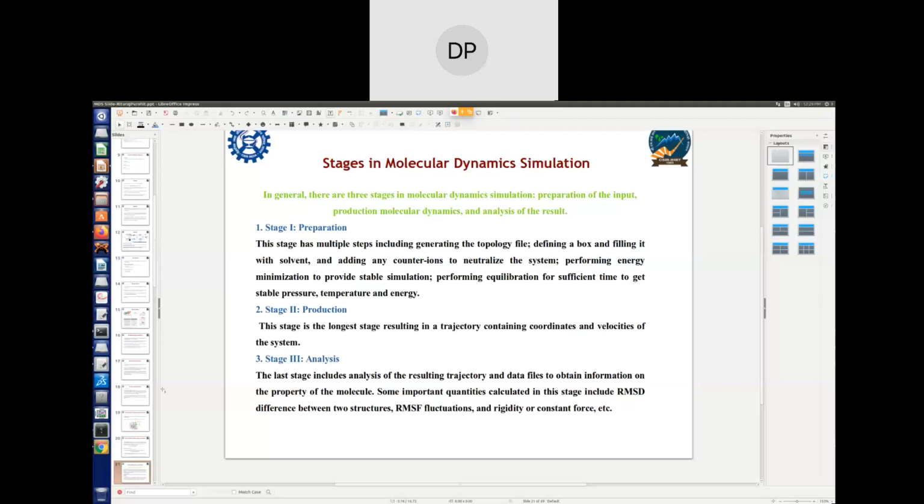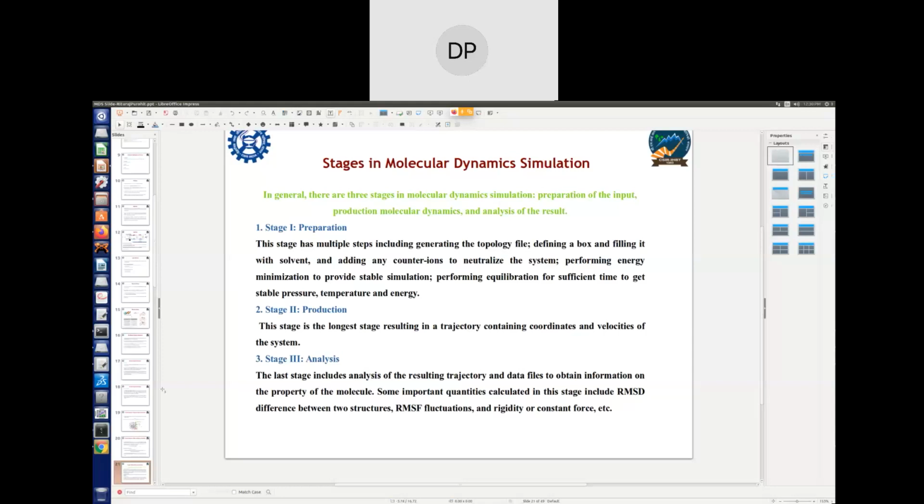Why do we need to neutralize it? Because if the system is charged, we are not able to observe the actual position and the acceleration the atoms are facing, and all these things like pressure, what is pressure, and the temperature and everything. If the charge is not neutralized, it will also add up.